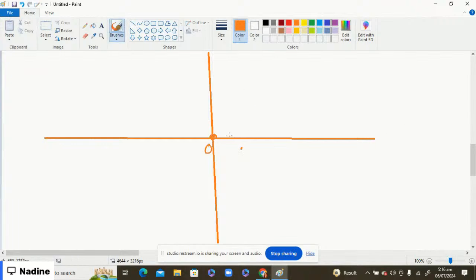This is your point 0, that is 1, 2, 3, 4, 5, 6. This is positive x. Now for negative x it is minus 1, minus 2, minus 3, minus 4, minus 5, and minus 6.